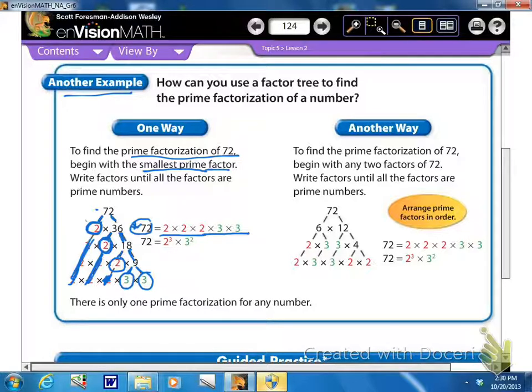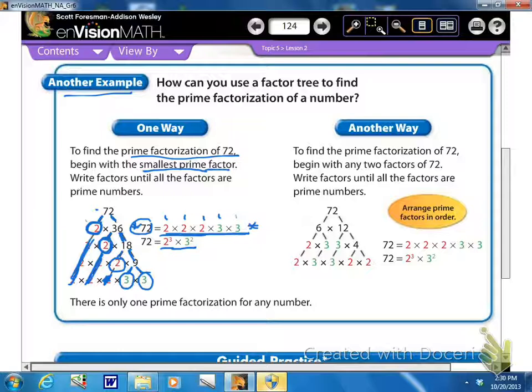So I can get 72, this composite number, by the product of its prime factors. Or I could also write the same thing as 2 to the third power, because I have 2 times itself 3 times, times 3 to the second power, because I have two 3's being multiplied together. Okay, this is one way.